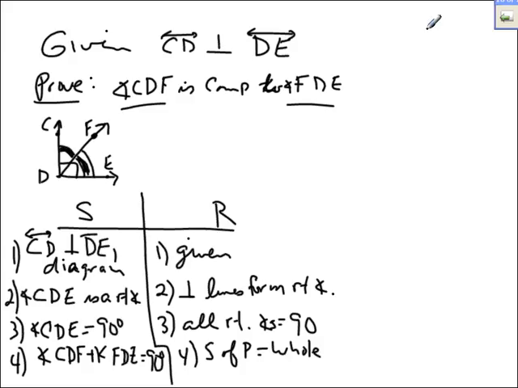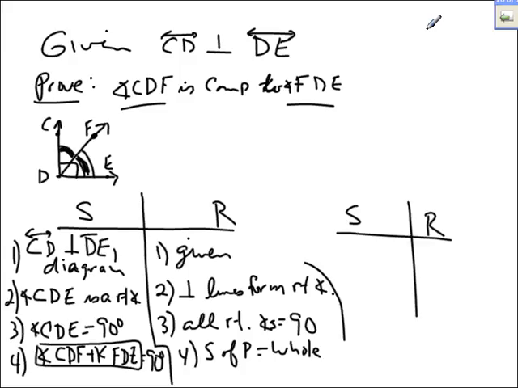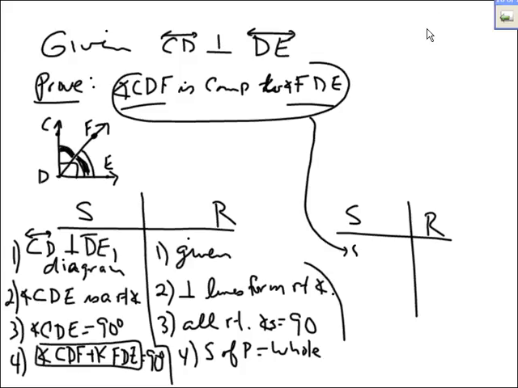Okay. Well, if the sum of these two angles is 90 degrees, then they're complements. Again, I ran out of room, so I'm going to rewrite this statement as statement number 5.